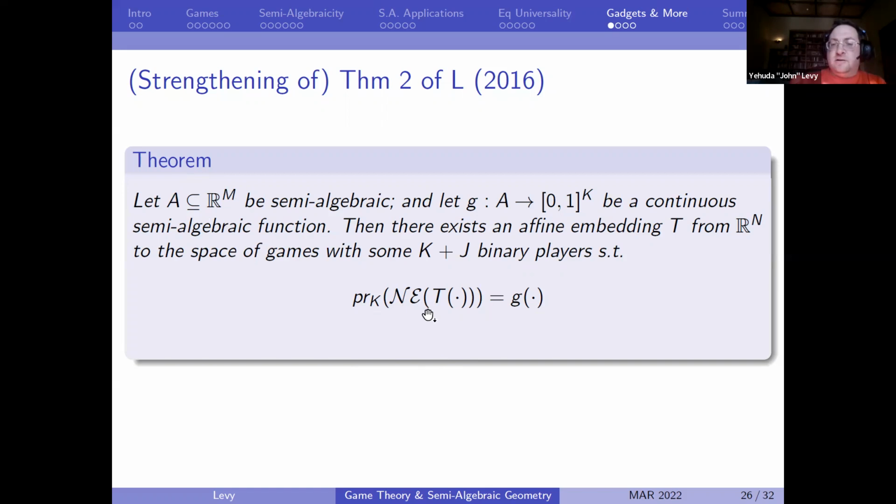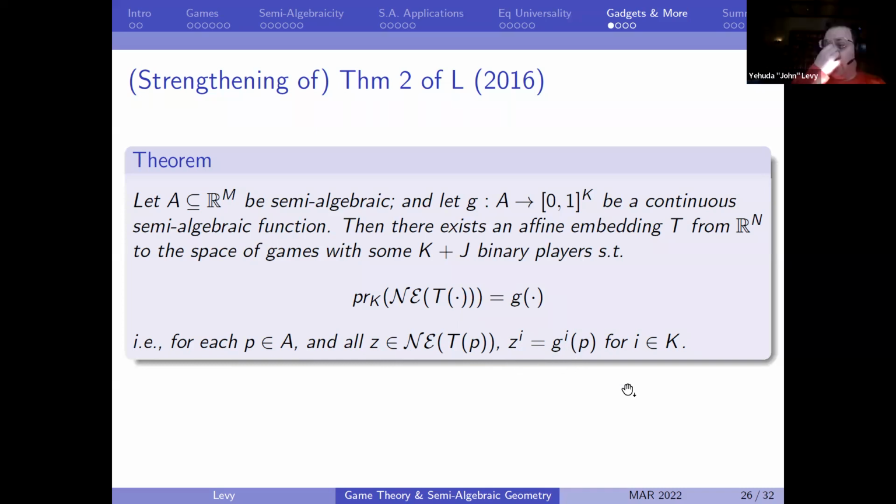I'm not saying, by the way, that the Nash equilibria of this game are unique, but they all will project on those k coordinates to the value of g. So that's a more explicit writing. For each p in the domain and every Nash equilibrium of the game assigned to p, for those coordinates, zi is the corresponding output of g.